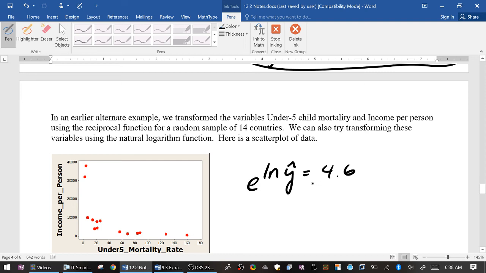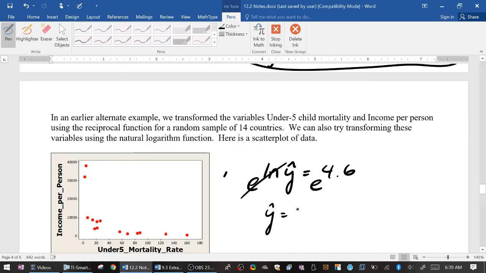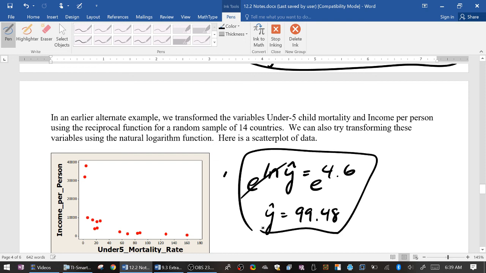So we're going to take e to both sides. e to the natural log of y just becomes y hat, since those two things undo each other. On the right side, you have to do e raised to the 4.6, which gives 99.48. So that's a little bit of side help just in case we're working with natural logs instead of regular logs.